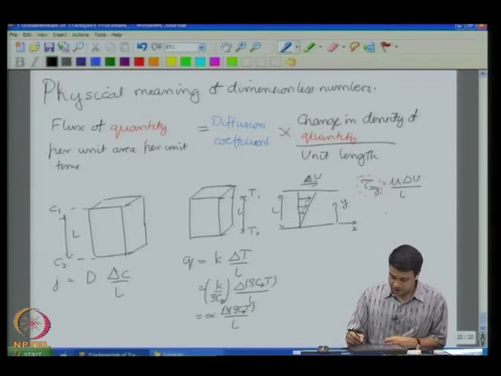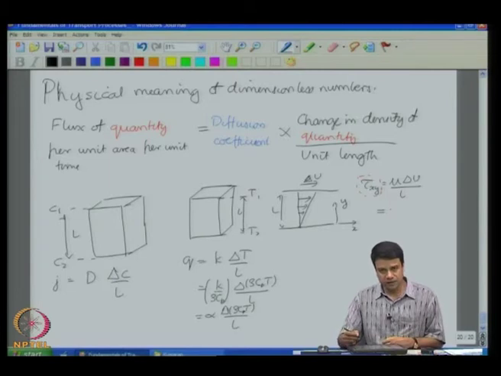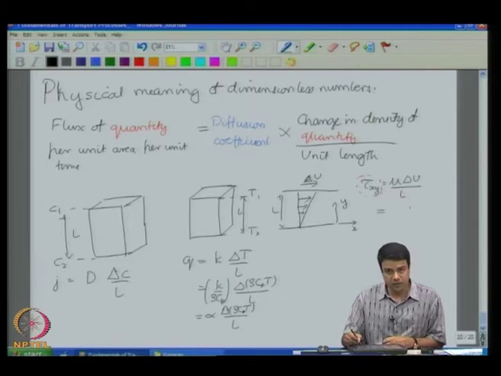That has to be written as something times the change in the momentum density between these 2 points. Now, momentum is mass times velocity, so momentum density will be mass density times velocity.